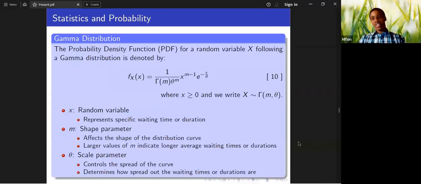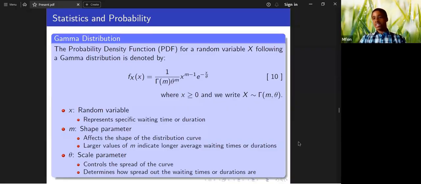Next, we'll look at its application in statistics and probability. In statistics and probability, the gamma function is applied mostly in the gamma distribution as well as the beta distribution. We see the gamma distribution defined for a random variable x as f of x equals 1 over gamma m times theta to the m, times x raised to m minus 1, times e to the minus x over theta.